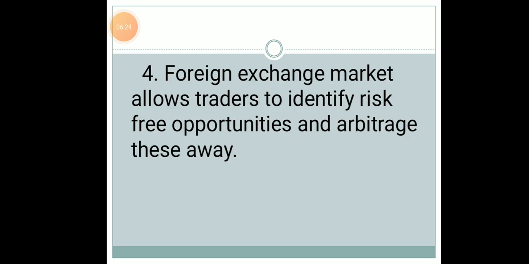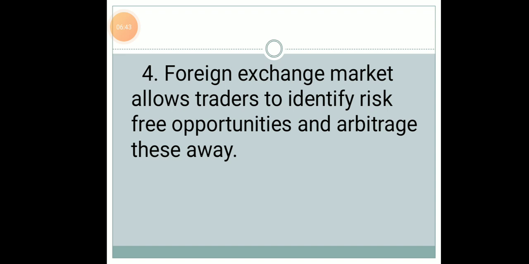The fourth function of the foreign exchange market is that this market allows traders to identify risk-free opportunities and arbitrage these away. We have discussed arbitrage in an earlier class, and it is a very important 2 marks topic.